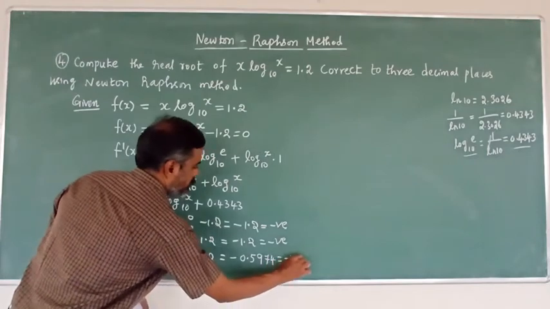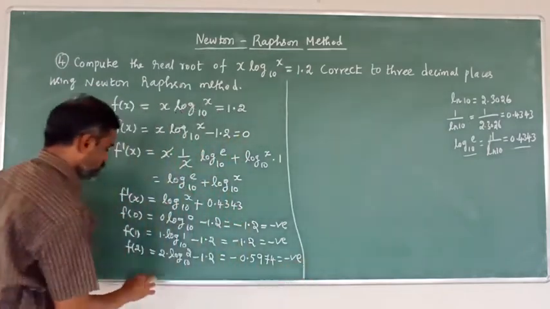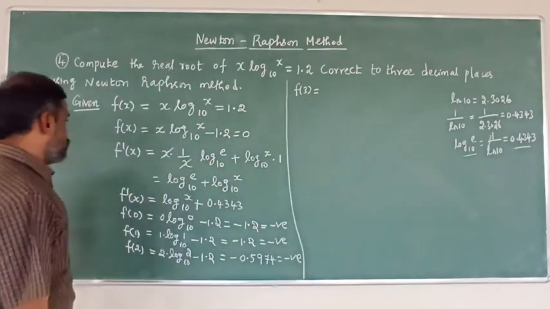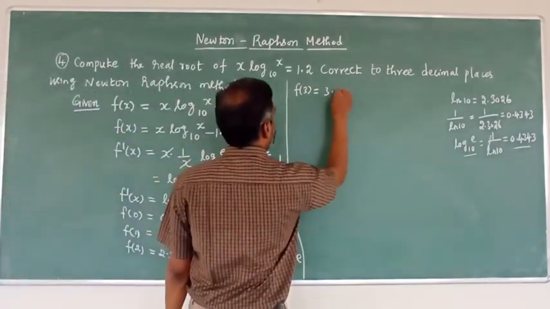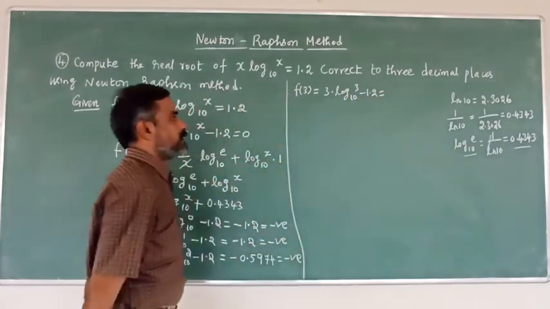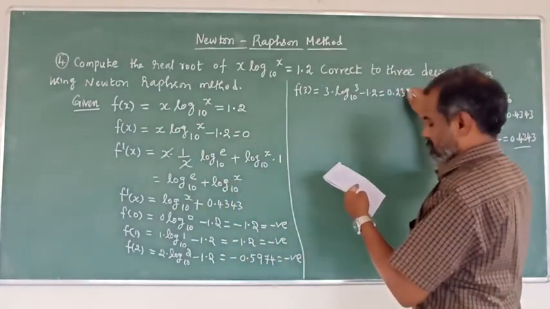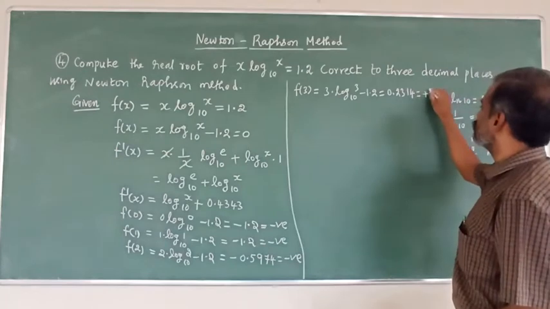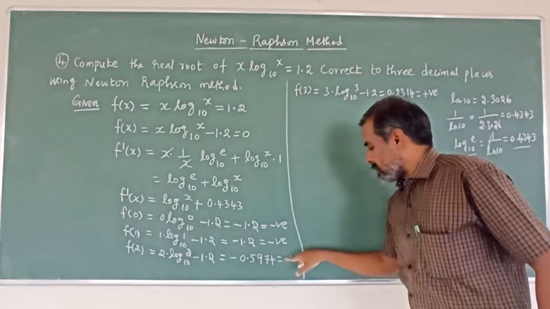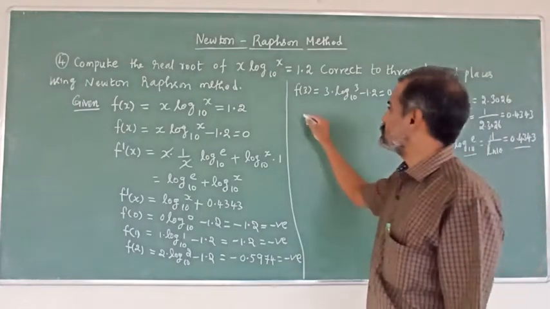This is also negative. Next, f(3): 3 log₁₀ 3 minus 1.2, we get the result 0.2314. This is a positive result.